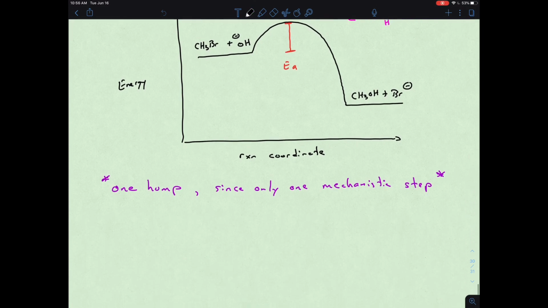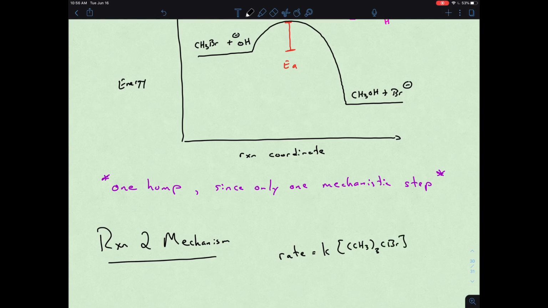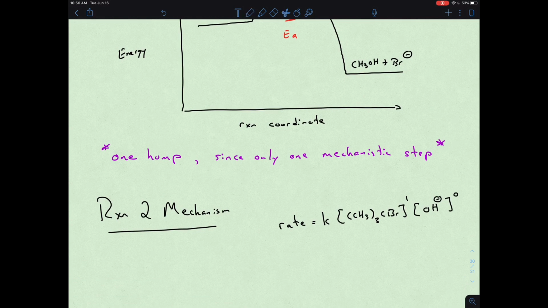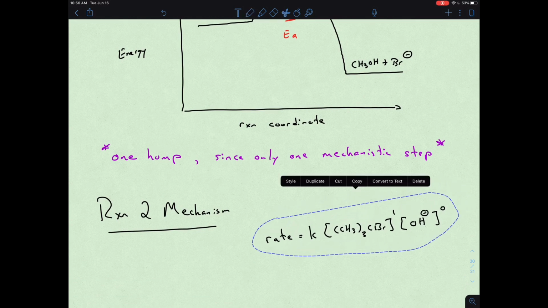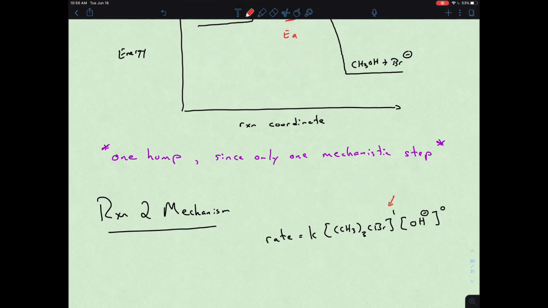Now let's look at reaction 2's mechanism. Remember, the rate expression for this was first order in the bromine compound, but 0 order in the hydroxide. And so that means that we must have one molecule in the slow step.